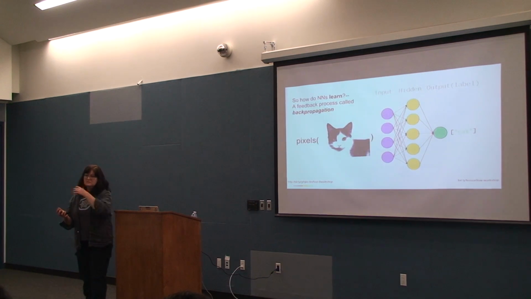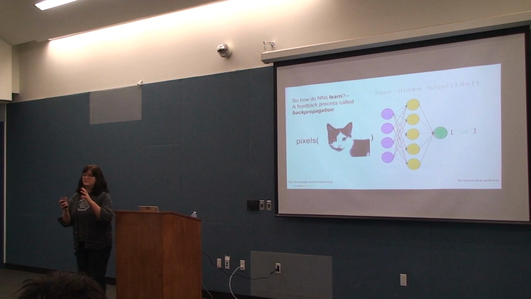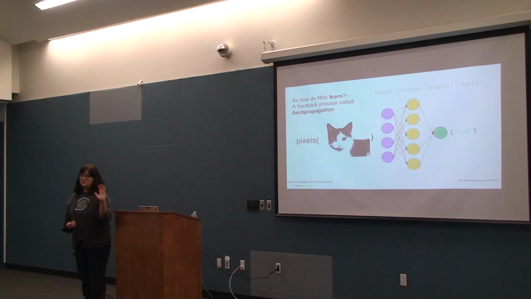You adjust the weights of your neural net in a direction towards improving the answer a little bit. As you adjust the weights, it gets a little bit closer to the answer you wish you had, and you make that adjustment working backwards from the output through your neural net. And so that's why it's called backpropagation.